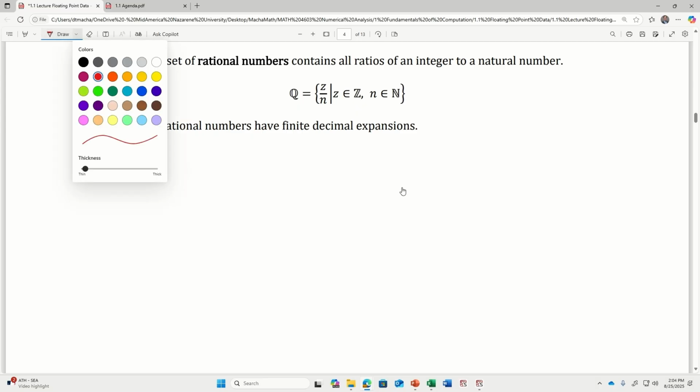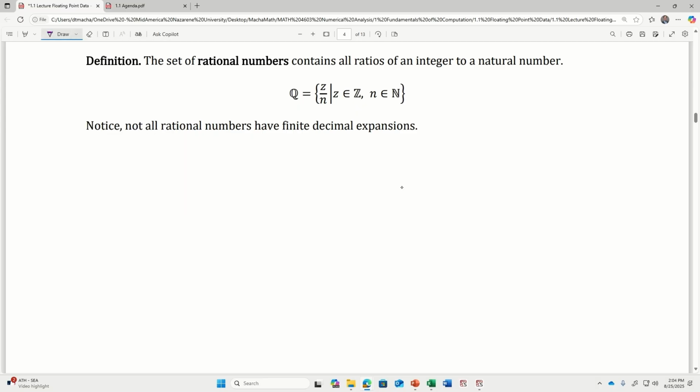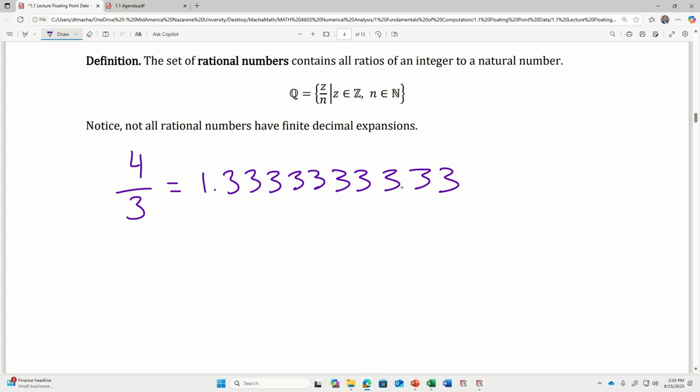So the rational numbers is the set of all numbers that can be represented as a ratio of an integer to a natural number. One such rational number I can represent as the ratio of an integer to a natural number, 4 divided by 3, has a decimal expansion of 1.33333333333333333333333.